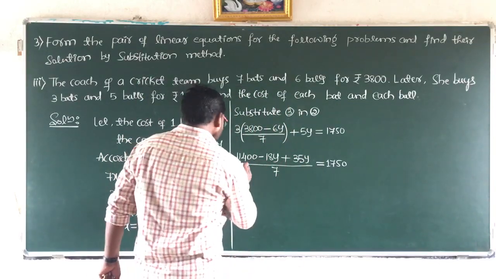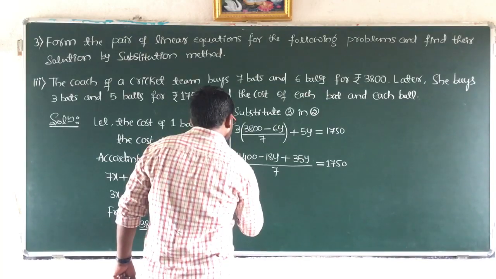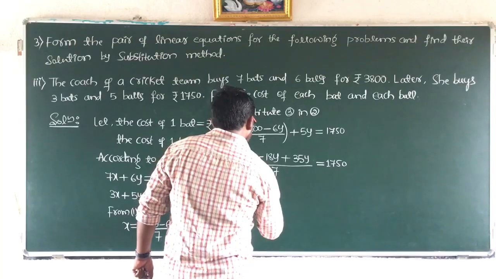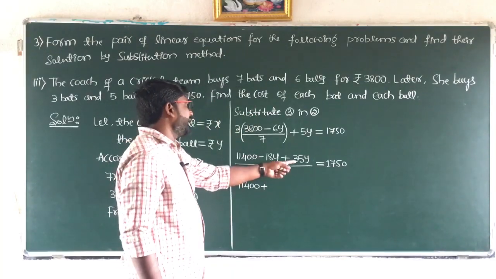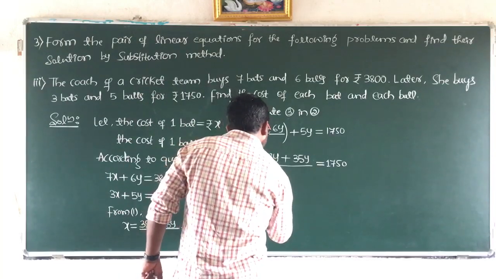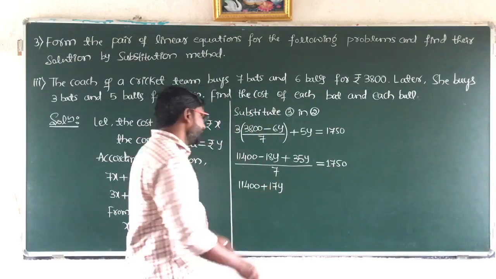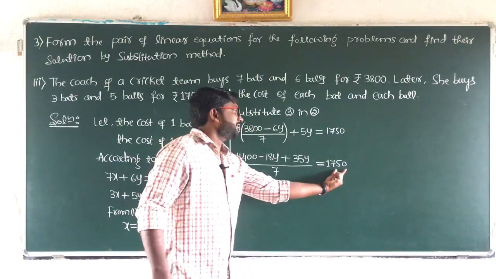Then here, 11,400 plus, how much we get now, 35y minus 18y will give us 17y, which is equals to, now take 7 to the RHS, it will be multiplied with this term.